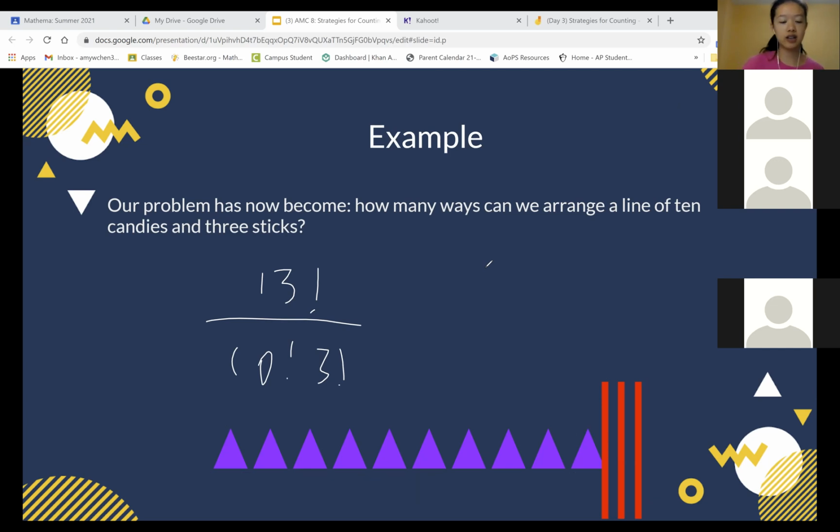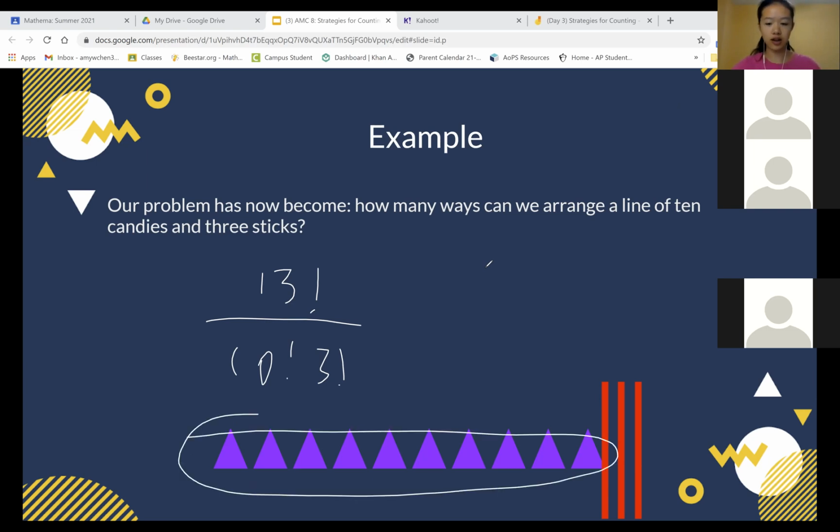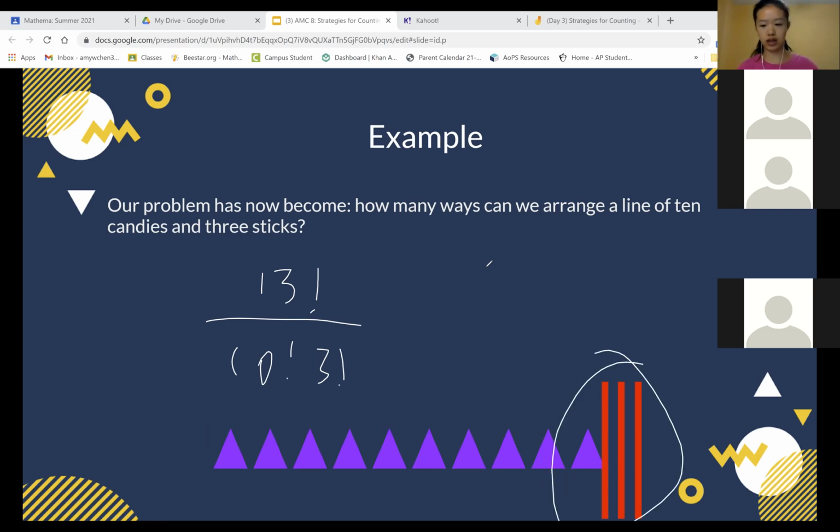If you think about this like a word, you have 10 letters that are repeating and 3 other letters that are repeating. So when arranging these, we do 13 factorial divided by 10 factorial divided by 3 factorial. So the answer is 286, yes.